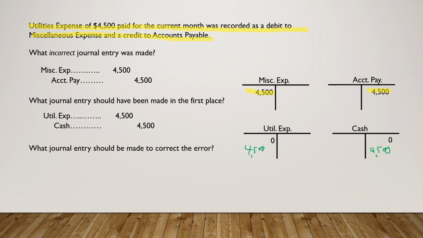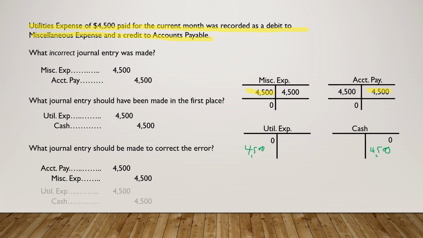The easiest way to fix this entry is to simply reverse the wrong entry, debiting accounts payable and crediting miscellaneous expense, which will zero out those two accounts. Next, record the correct entry, debit utilities expense, and credit cash, which puts the correct debit and credit in the correct T accounts.